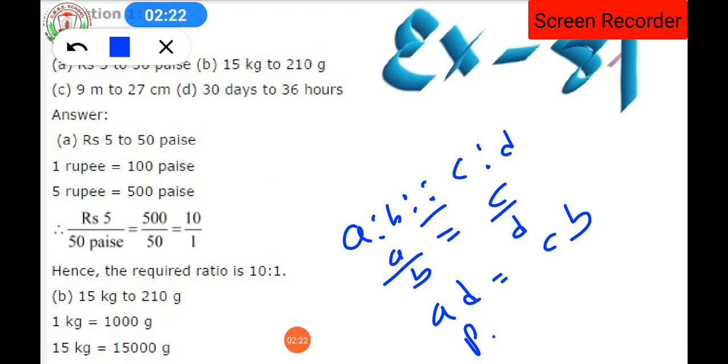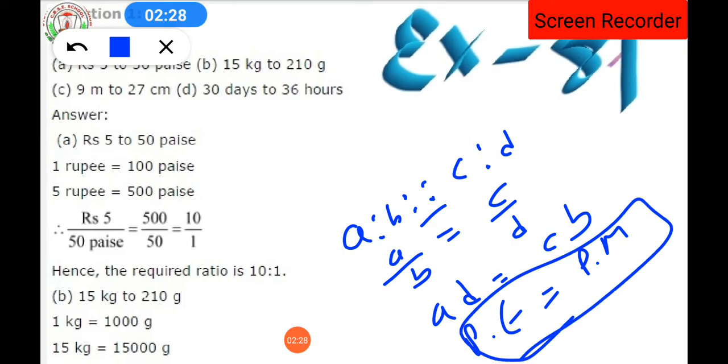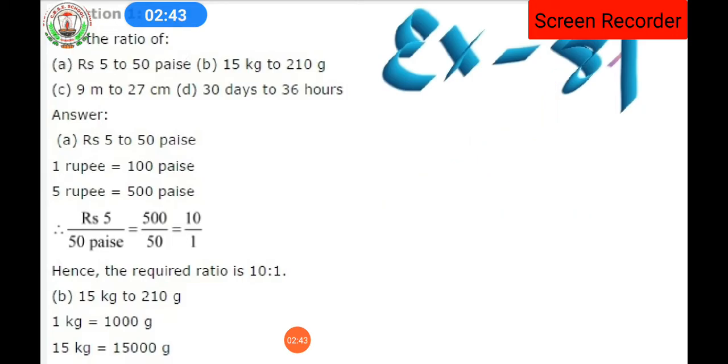This one is the product of extremes and this one is the product of means. So we get this formula. Sometimes in a question it is asked to find the product of means and extremes. So by using the proportion method we are going to find the product of means and extremes. Clear?